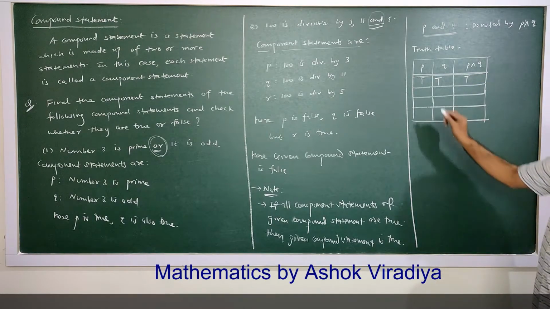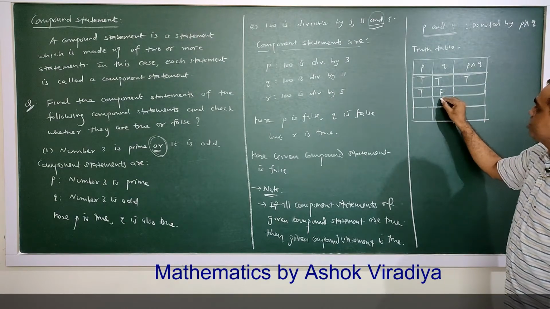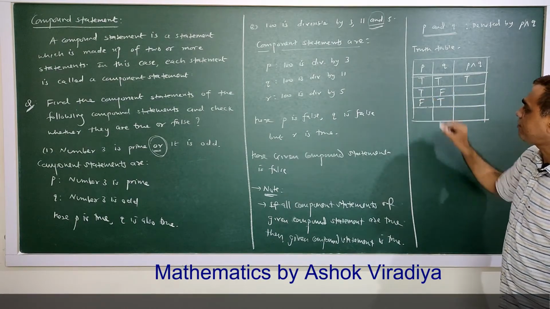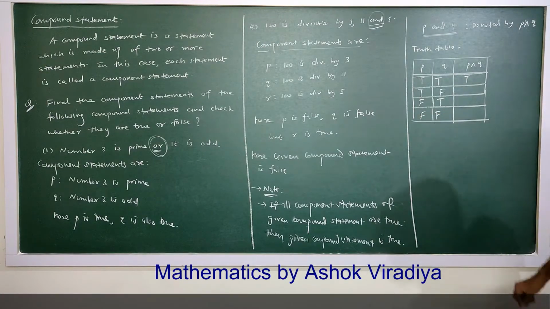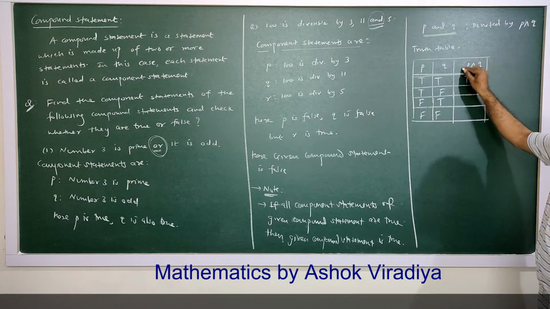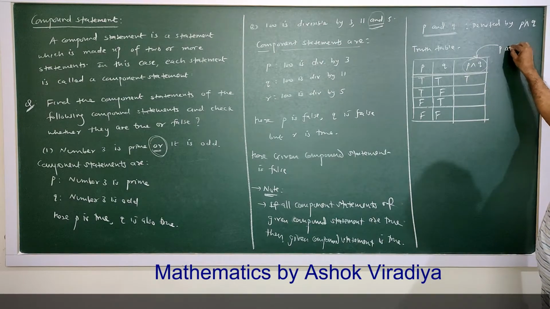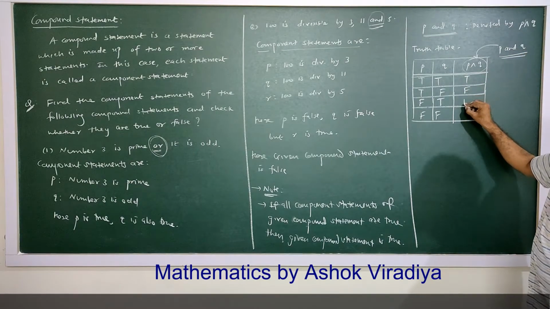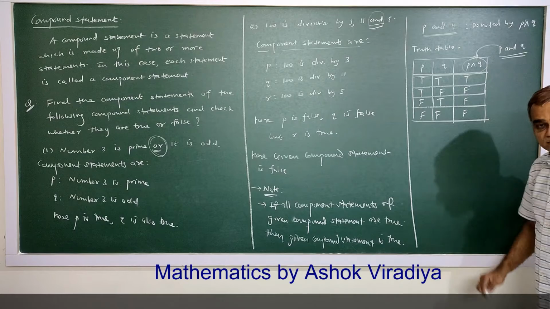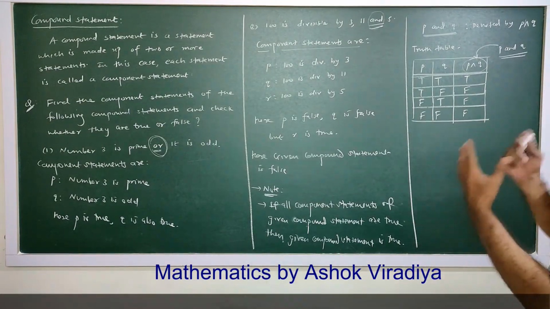But if P is true and Q is false, if Q is true and P is false, or if both are false, then P and Q, this type of compound statement, is false. So here AND is used as a logical connective.